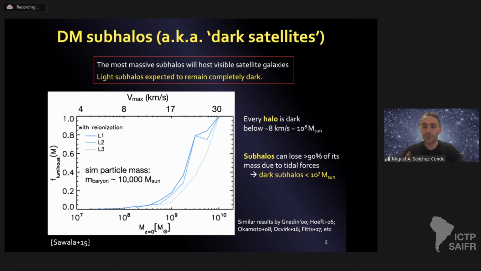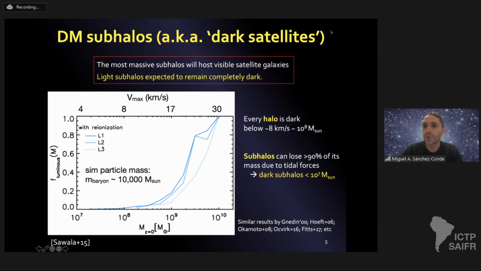So just to be a bit more concrete, below these 10 to the 8 solar masses, or equivalently 8 kilometers per second for halos, all these halos will remain dark. But since I'm talking about subhalos in this talk, just to give at least a number to keep in mind, this scale where the boundary between the dark and the visible lies is somewhere even lower, just because subhalos can lose more or less 90% of their total mass due to tidal forces.